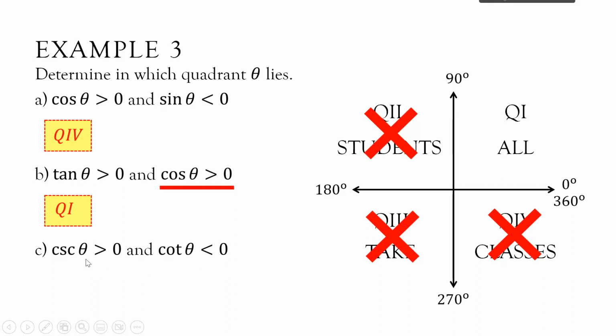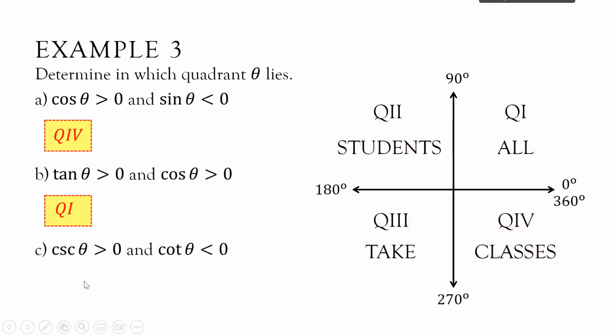Well, if cosecant of theta is positive, then I also know that sine of theta is positive. Again, because sine and cosecant are just flipped versions of each other. They don't change positive to negative between each other. Similarly, cotangent of theta being negative means that tangent of theta is negative.